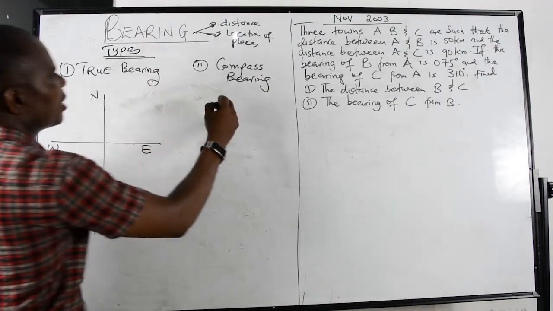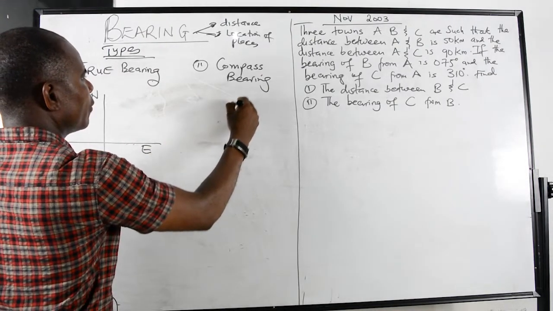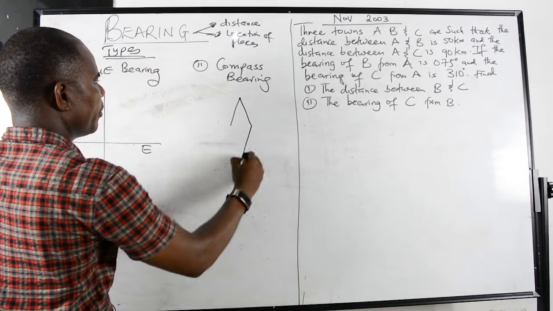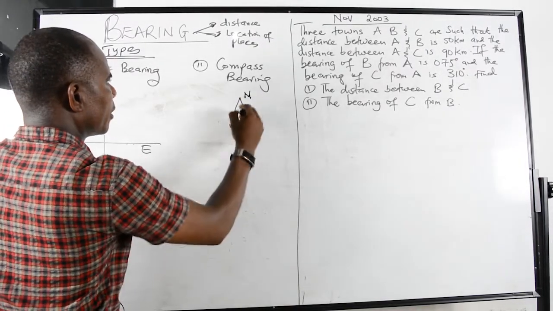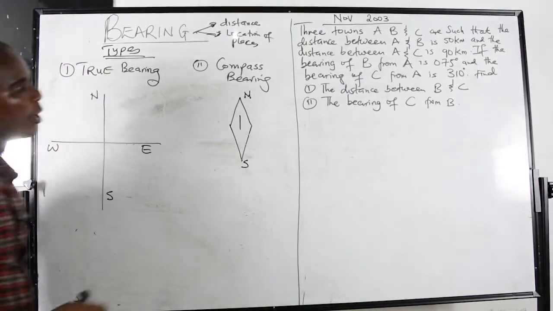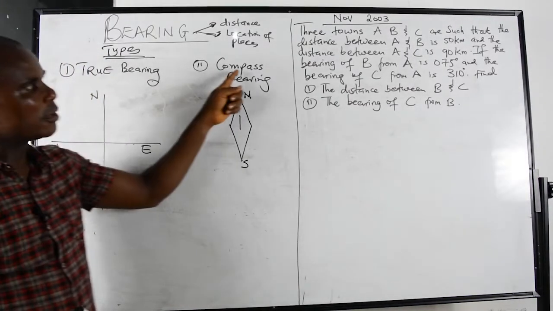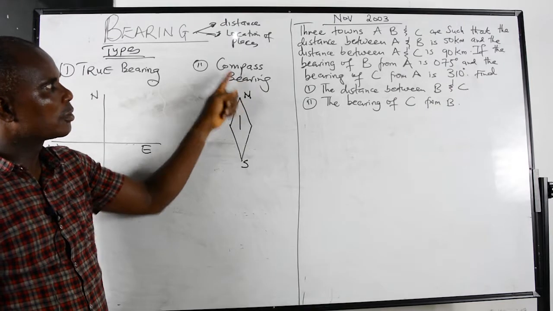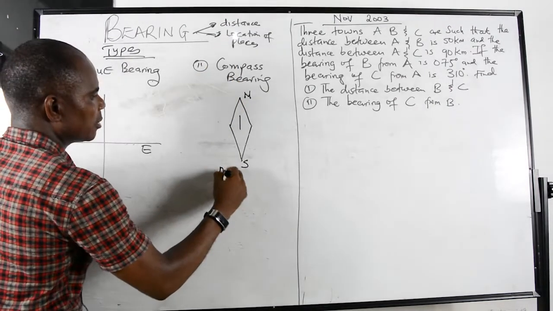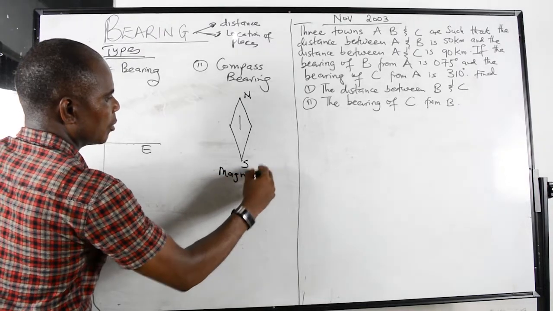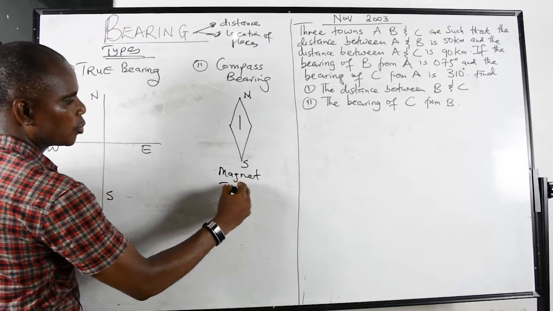And we have the compass bearing. It takes it from the fact that a compass is a needle, and because it's a compass, we can use it to locate places. So a compass is a magnet, and a magnet has two poles.